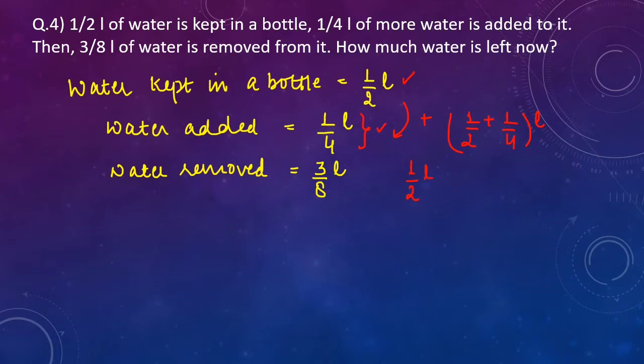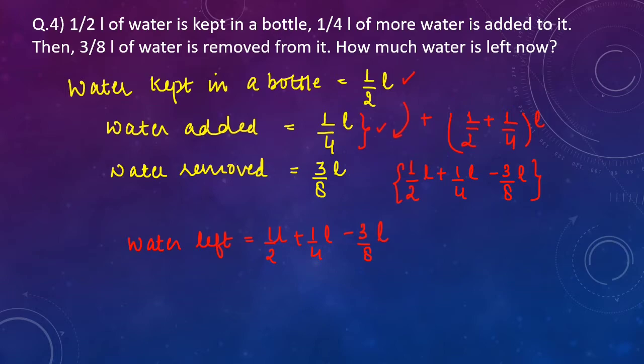That means from that sum 3 upon 8 liter of water is removed. So water left will be equals to 1 upon 2 liter plus 1 upon 4 liter minus 3 upon 8 liter, as 3 upon 8 liter of water is removed from the bottle.